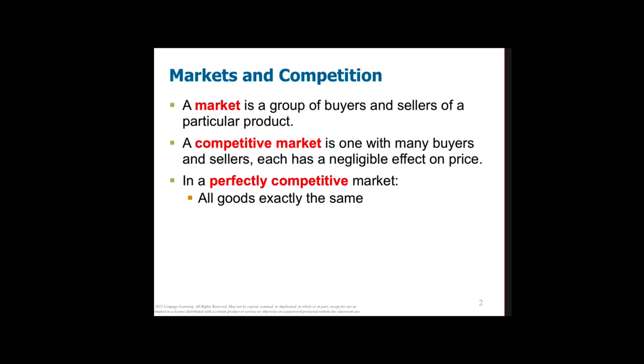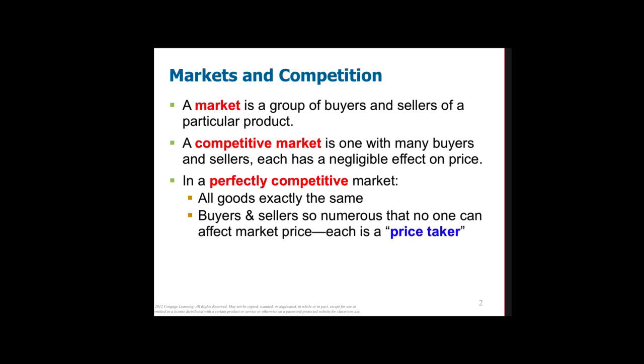Okay? They're all exactly the same. Now we know that that doesn't exist. But for the purposes of constructing our model, we have to act like it exists. Okay? We can't deal with those other differences.